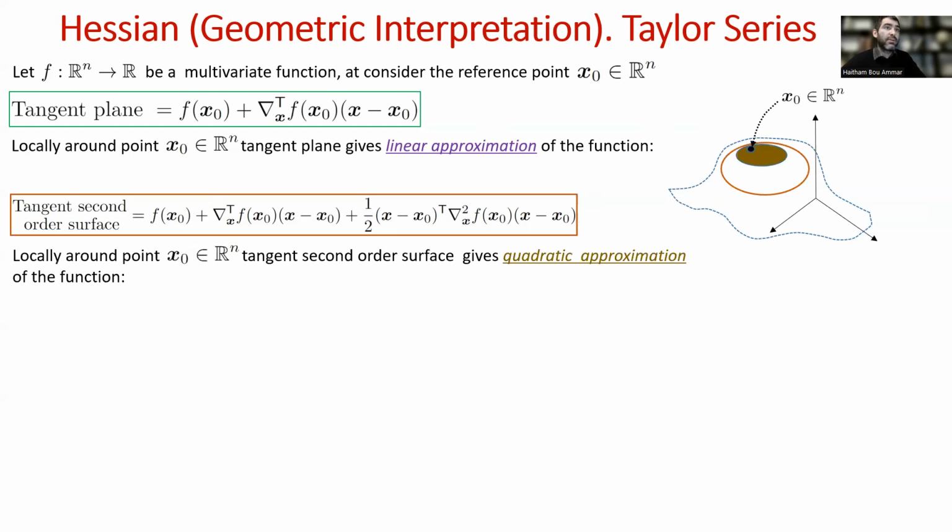And similarly to the tangent plane, the tangent second order surface also allows us to approximate the function around some neighborhood of x0 with good accuracy, and that is called the quadratic approximation of the function.